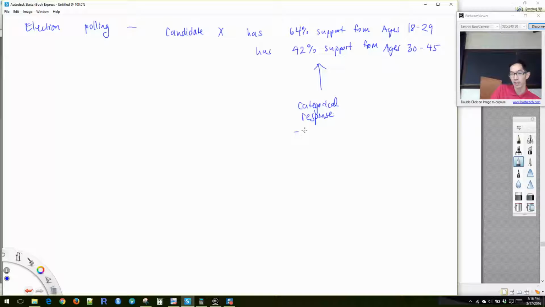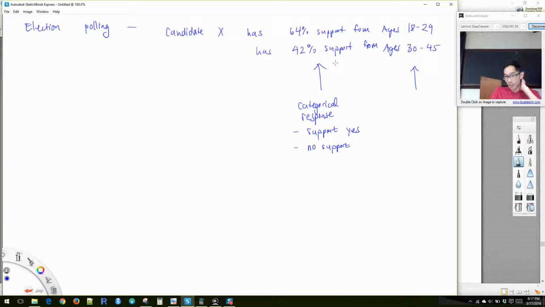It's do you support or you don't support, right? Support yes or support no. The other percentage that's not up there is the against, which would be the complement: 42, so it'd be what? Yeah, 58, exactly. Okay, and so what we're missing here is the counts, okay?